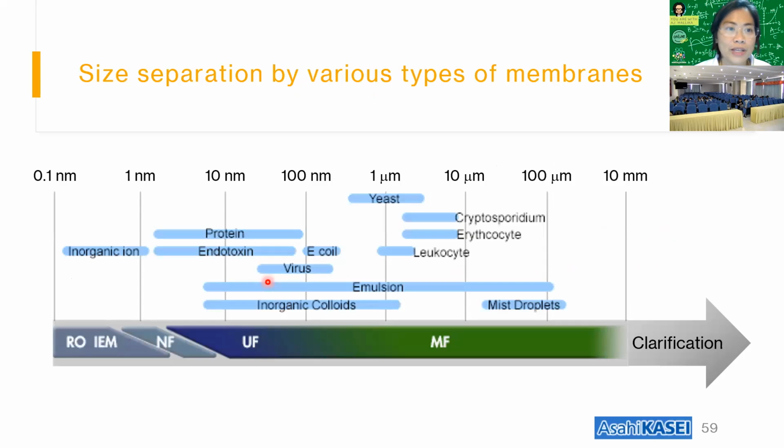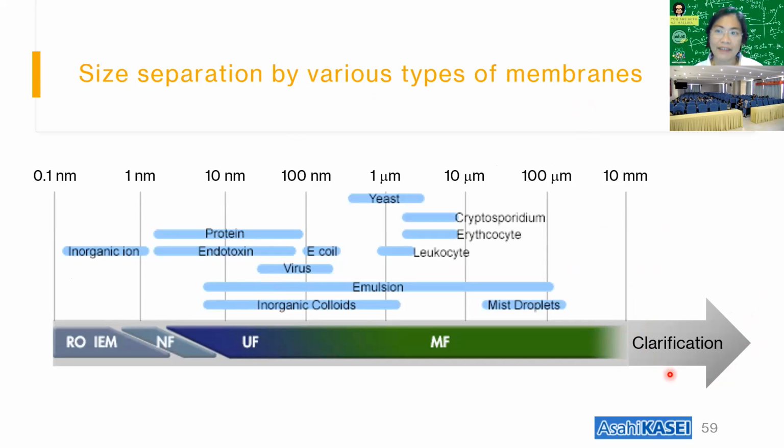Now let's see the whole picture of size separation by various types of membrane. What we had earlier about filtration I categorize as clarification, so make things clear.